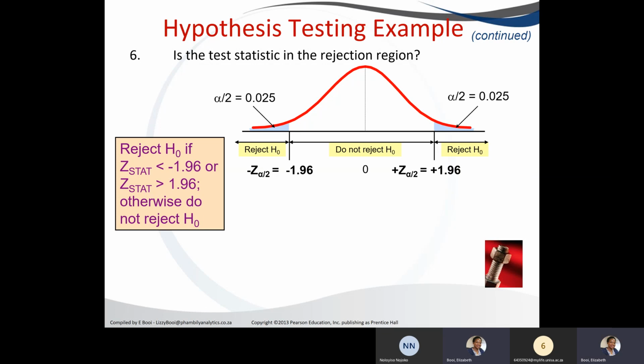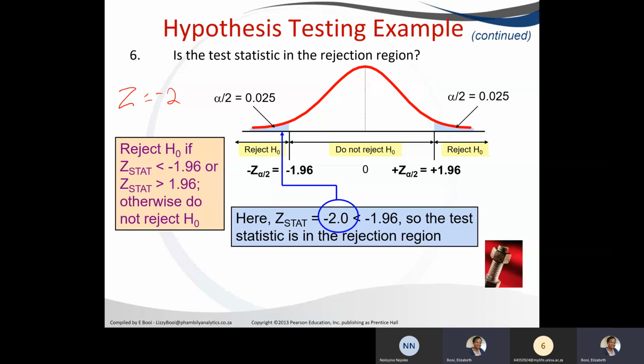So where does our Z of -2 fall? It falls in the rejection area. Therefore, we can make a decision. Our Z test of -2 is less than -1.96, and we know that it falls in the rejection area.